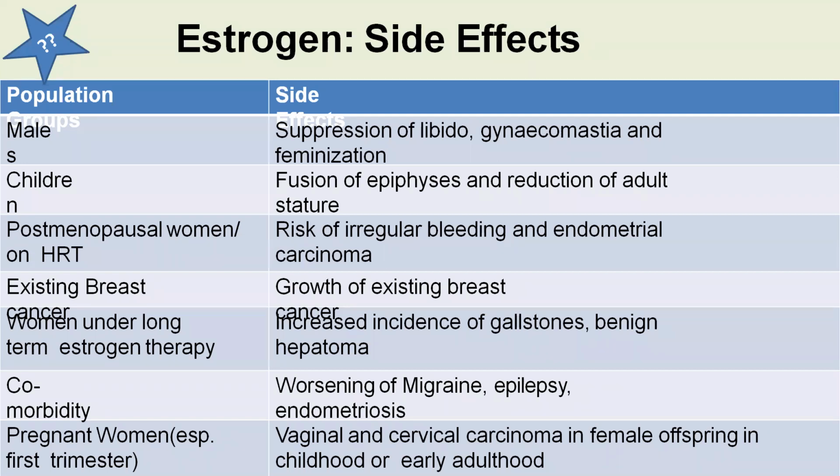Then coming to the side effects of estrogen. So if you see here, in males, it is suppression of libido, gynecomastia, and feminization. In children, there is fusion of epiphysis and reduction of adult stature. Postmenopausal women or on HRT, risk of irregular bleeding and endometrial carcinoma.